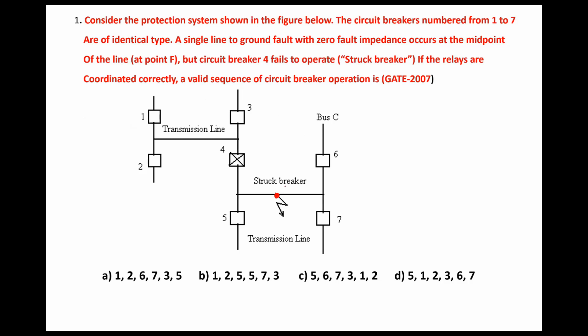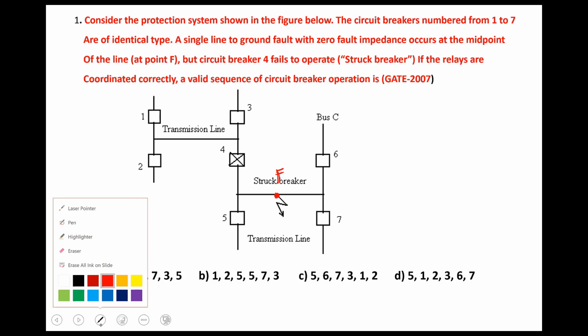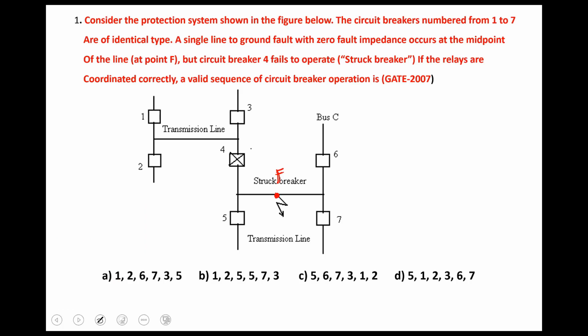We call this point F. However, circuit breaker 4 has some problem because of which it could not trip. Then if the relays are coordinated properly, the valid sequence of circuit breaker operation is... Okay, so tell me, what is the valid sequence?